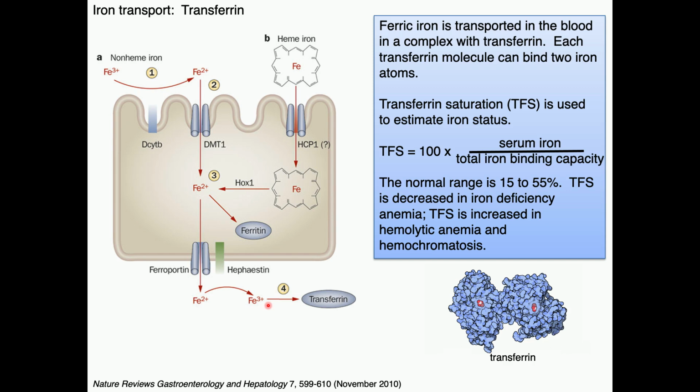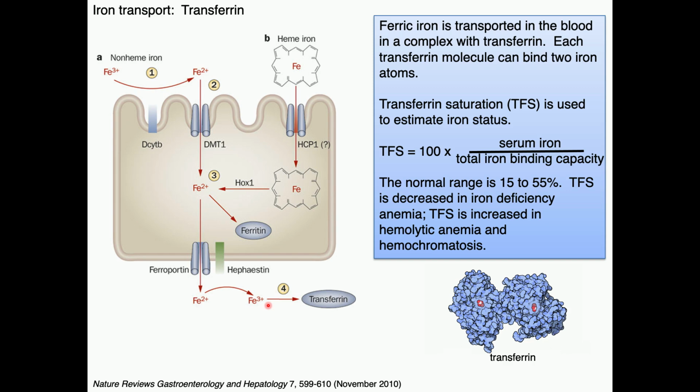And typically a high of about 50% is normal. That amount of transferrin saturation is reflecting the amount of iron in the body. So in conditions of iron excess or hemochromatosis, you'll have a high transferrin saturation, and in conditions of iron deficiency anemia, you'll have a low transferrin saturation. Okay, so pretty straightforward there.